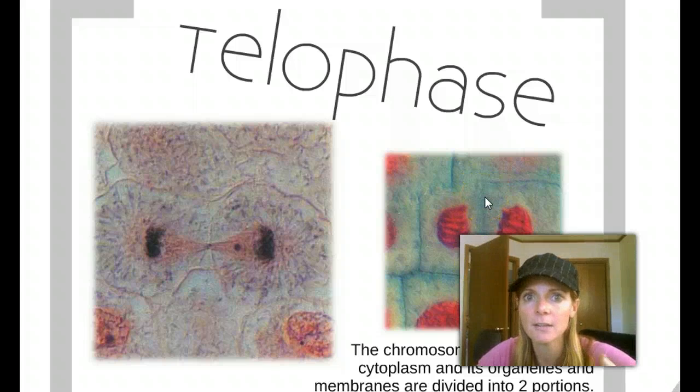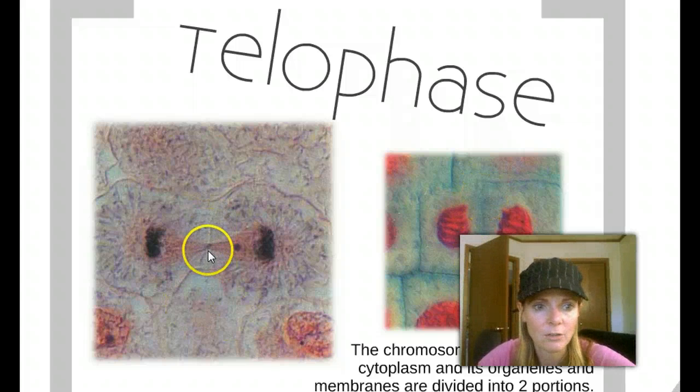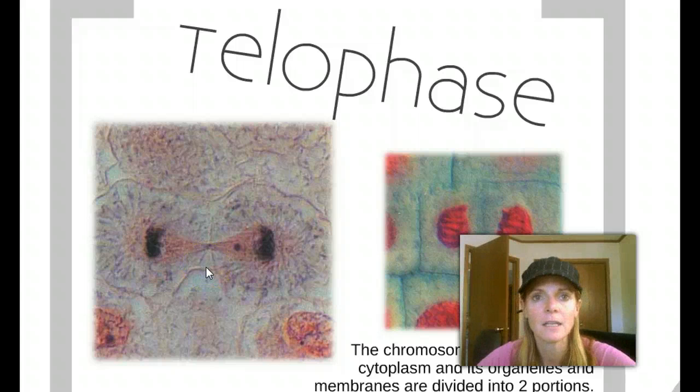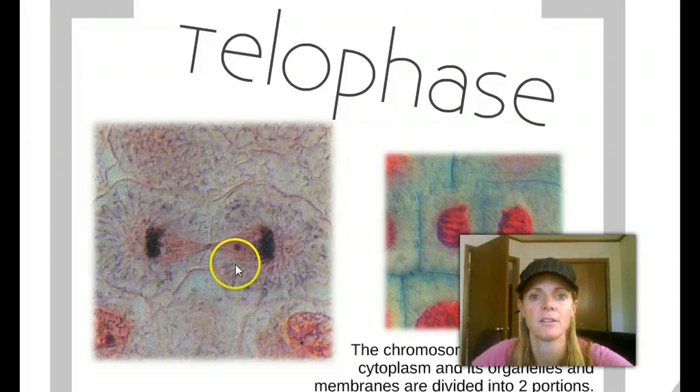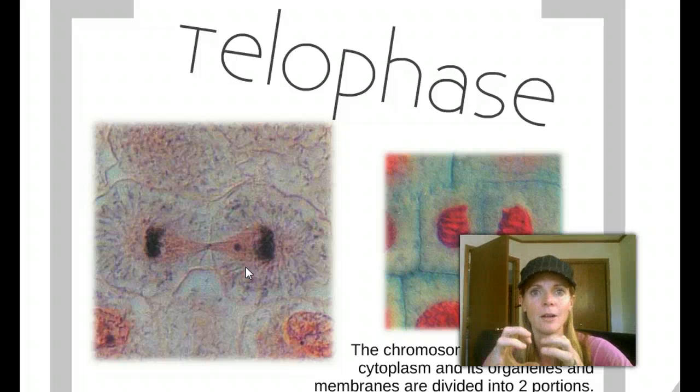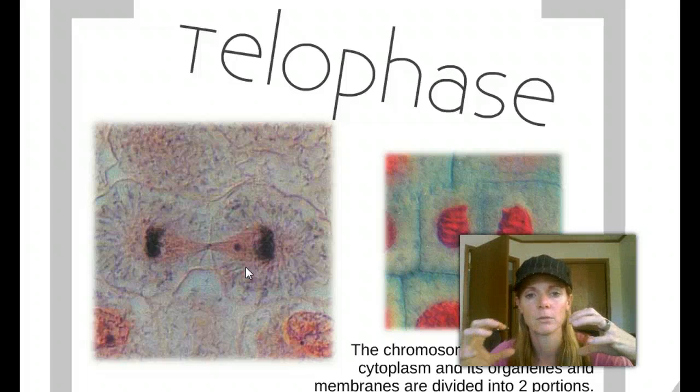Now it hasn't divided fully, but it's starting to, okay? So that's telophase. So don't get anaphase and telophase confused, because yes, they're pulling apart in anaphase, but if you don't see that kind of separation of the cytoplasm, it's not in telophase yet, okay? So this is right before the one cell actually becomes two.